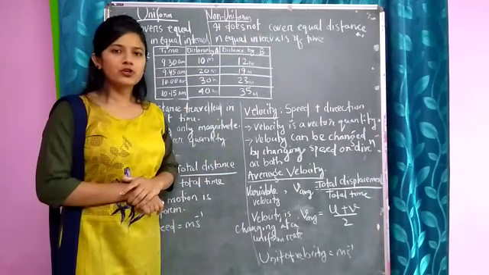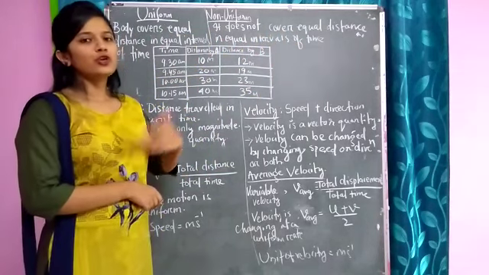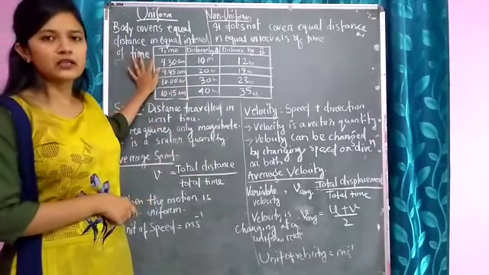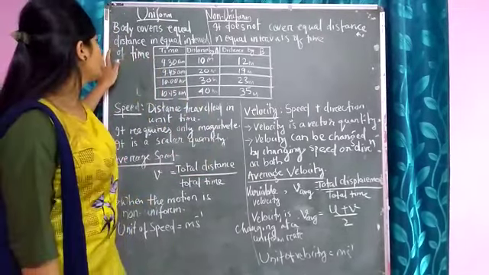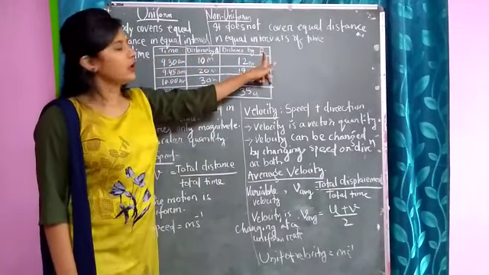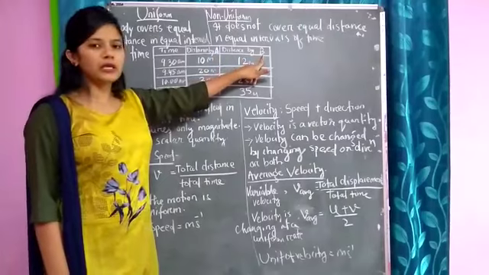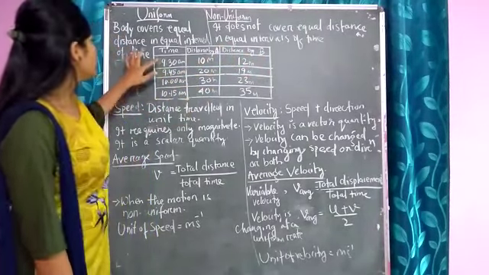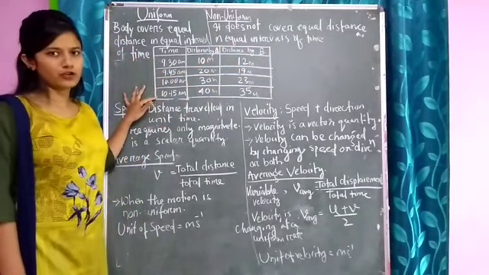So uniform motion means we are looking for uniformity in its motion. Let us take an example. Suppose there are two bodies, body A and body B, and they are covering distances during these time intervals.